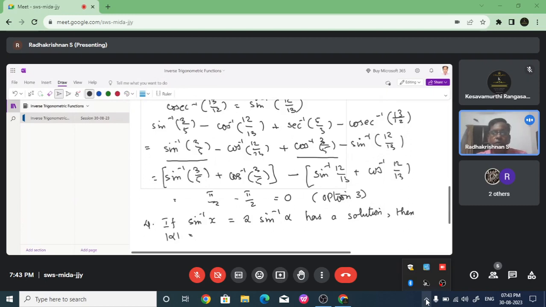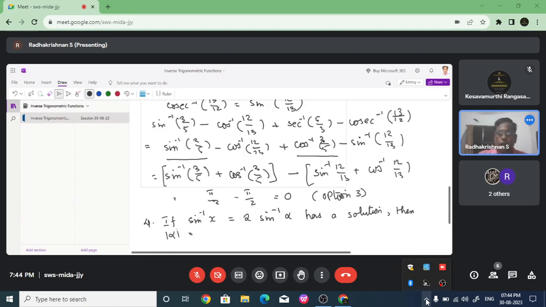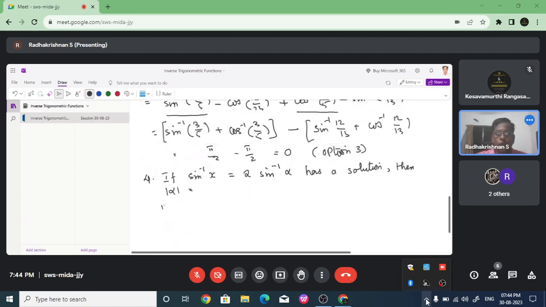Modulus of alpha less than 1 by root 2, less than or equal to, right? Less than or equal to 1 by root 2.